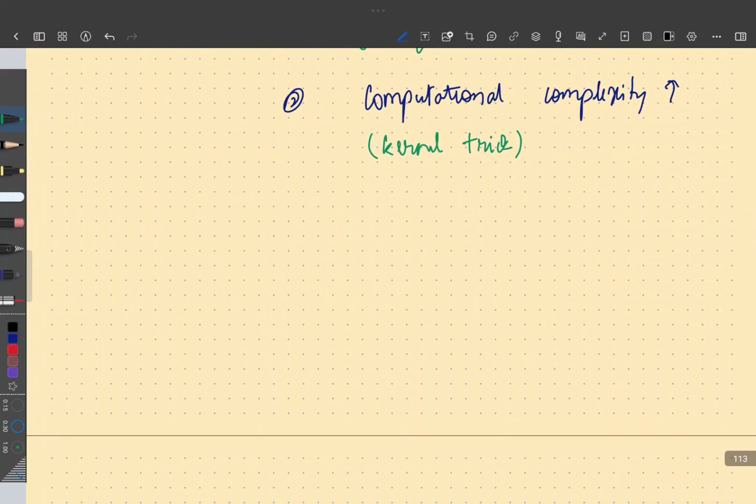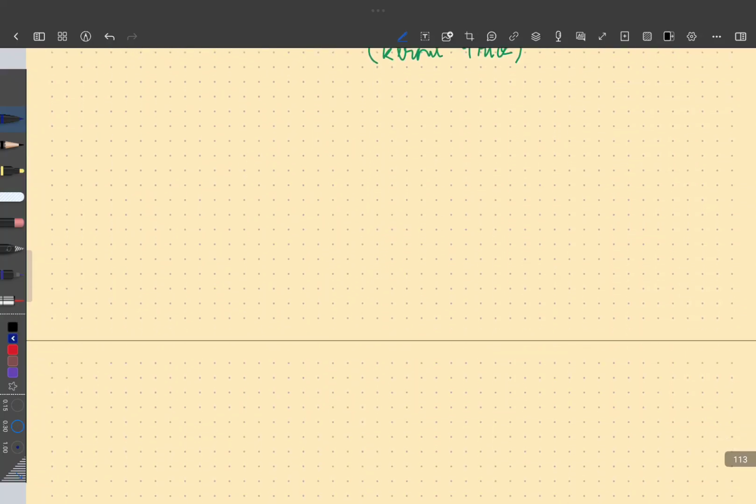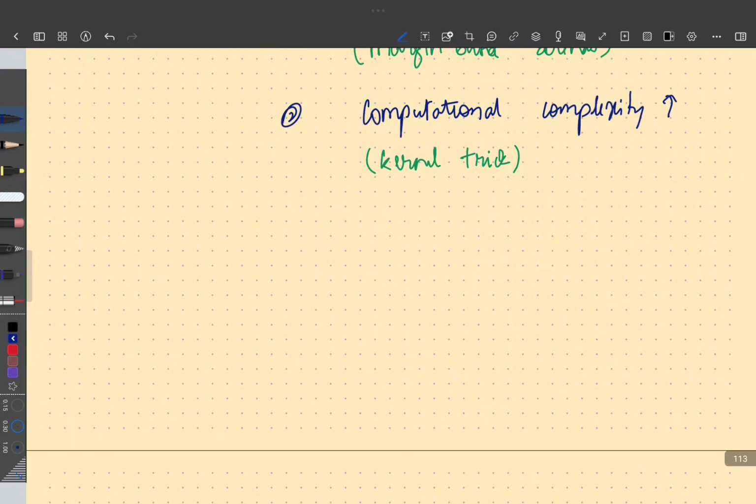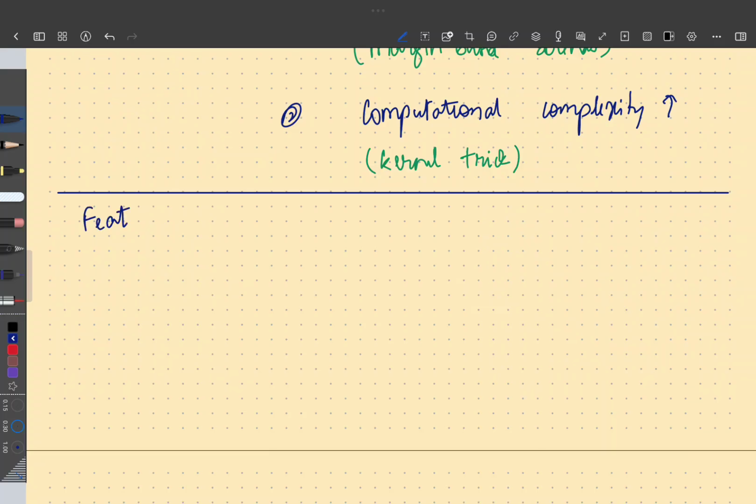All right. Before we proceed, we'll need some kind of a structure on the feature space. So we'll demand that the feature space is what is called a Hilbert space.